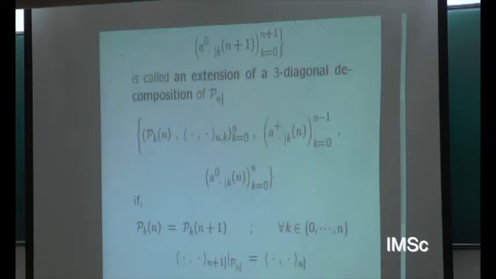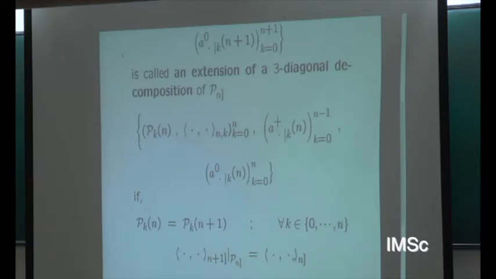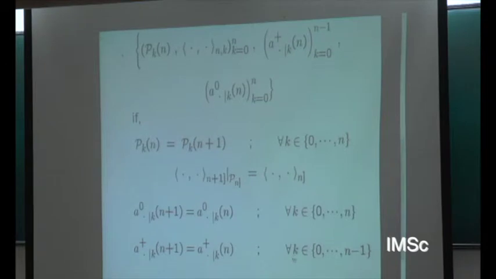Similarly, the scalar products restricted to the polynomials of degree less than or equal to n must be compatible with the previous scalar product. And third, the preservation operators and the creators must be compatible whenever the index is not the maximum one. So they also belong to the preceding three-diagonal decomposition.